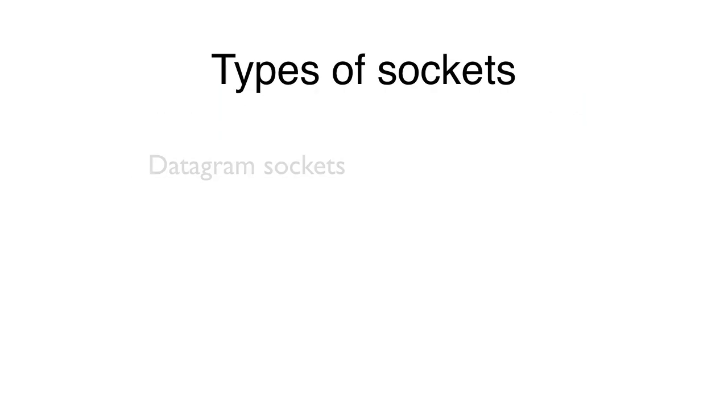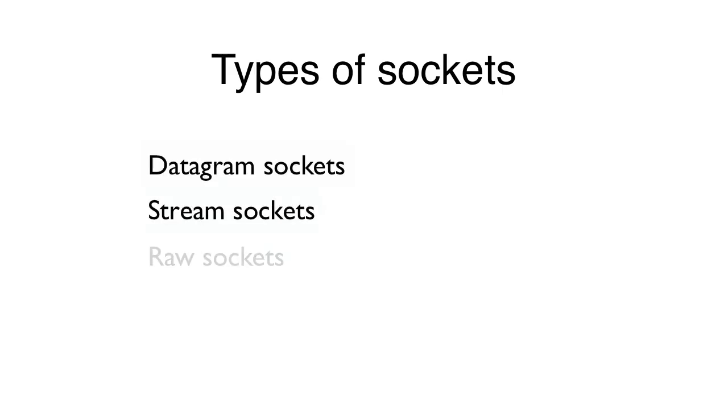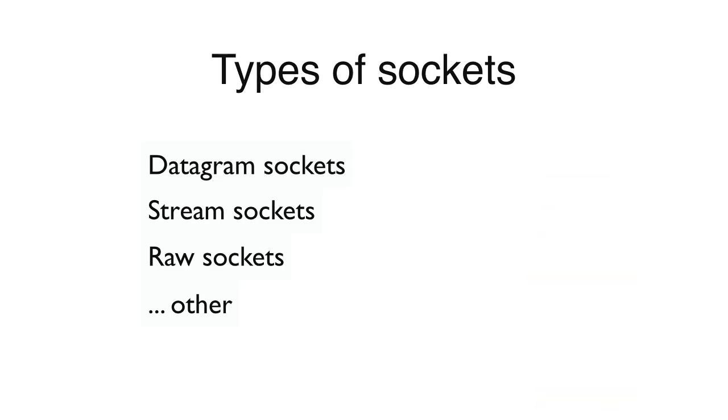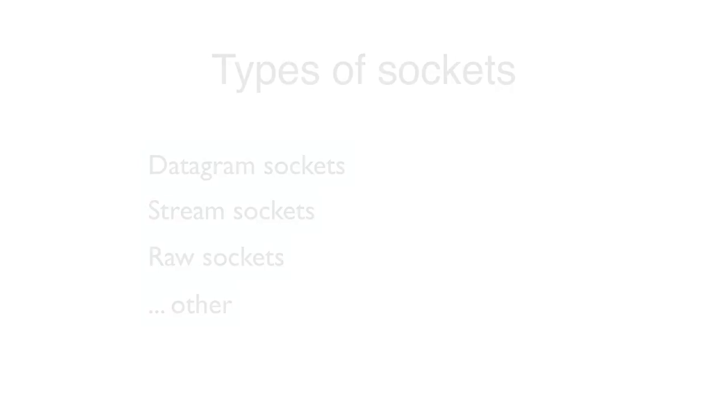There are a few different types of sockets, and the different types all rely on the same system calls. As a result, these system calls have many different and sometimes confusing options to allow you to set up the kind of socket you want. We are going to demonstrate only one kind of socket. The sockets we will use in our work are stream sockets, built on the TCP protocol.